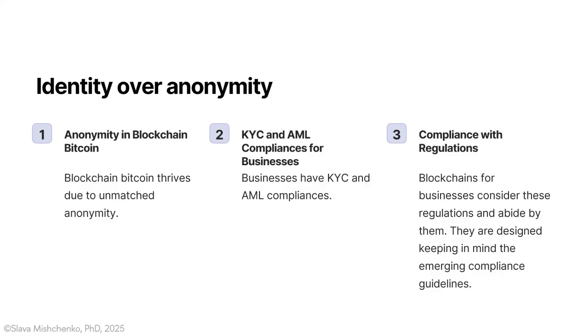Business blockchains actually need to be designed with these compliance requirements in mind from the ground up. In my experience consulting with financial institutions, I've seen how they must maintain a delicate balance between transparency and privacy. And finally, I want to emphasize that this isn't just about following regulations. It's about creating systems that work in the real business world.